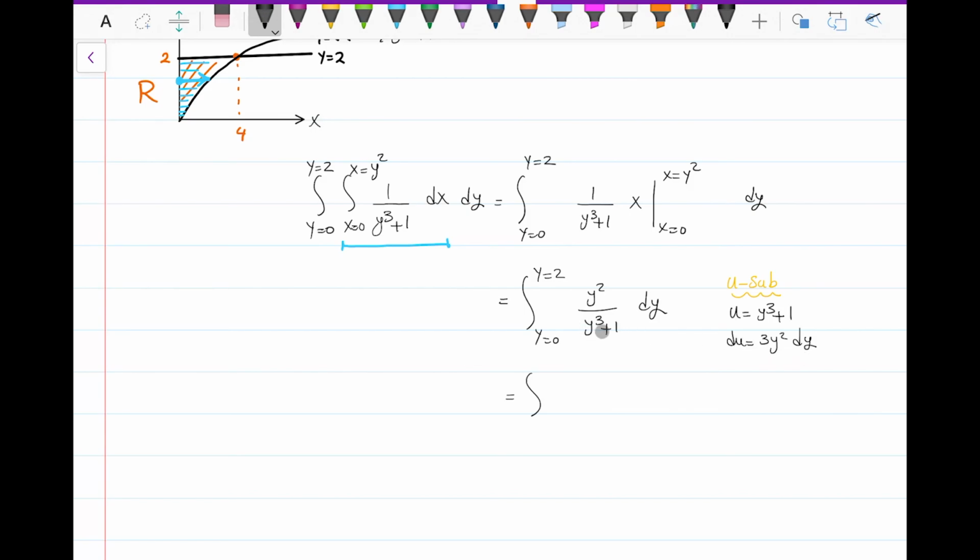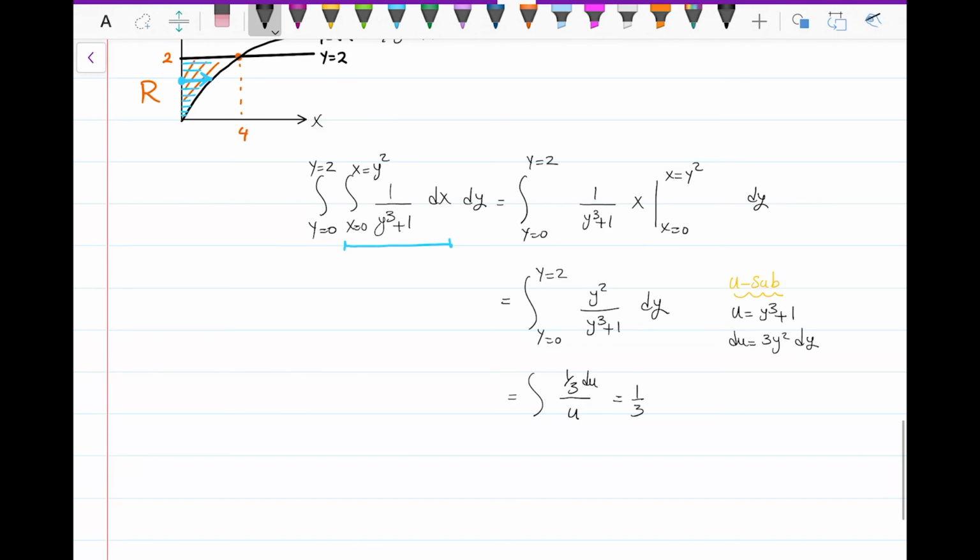So the denominator is u. Then I have y squared dy, which is 1/3 du, and so 1/3 is just a number.